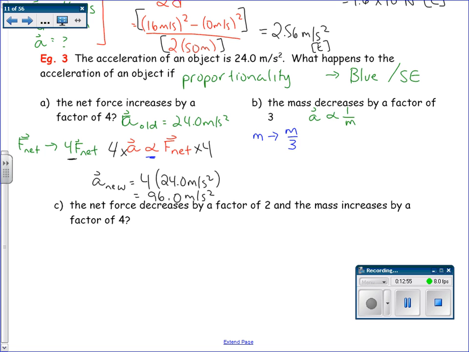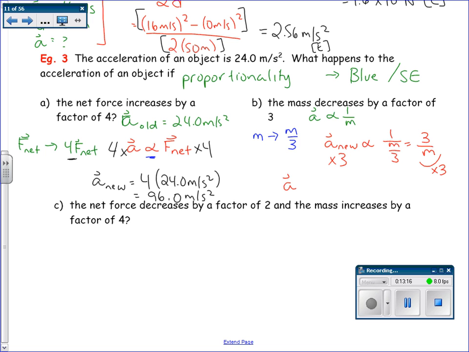Okay? So what I'm doing here is to find my new acceleration. If I want my new acceleration, that's going to be 1 over m over 3, which if I simplify that becomes 3 over mass. So what I've done on this side is times by 3. So what I have to do on this side is times by 3.